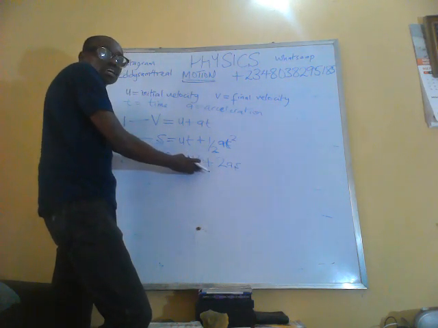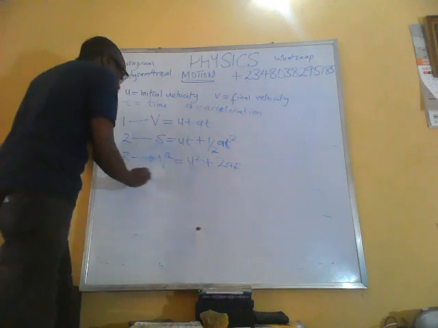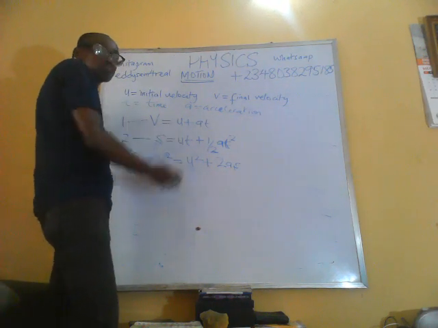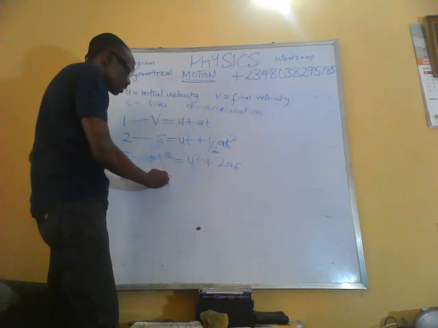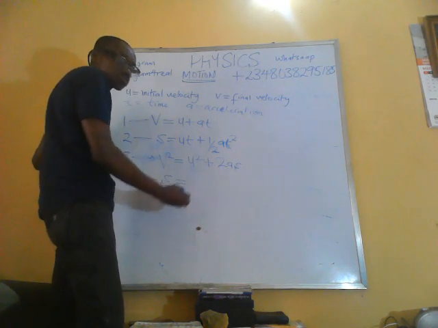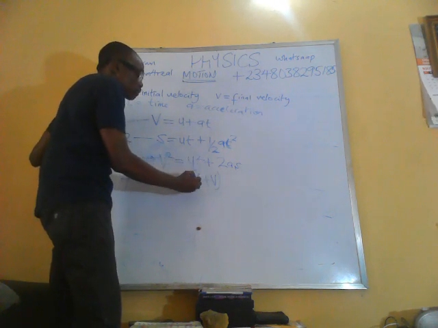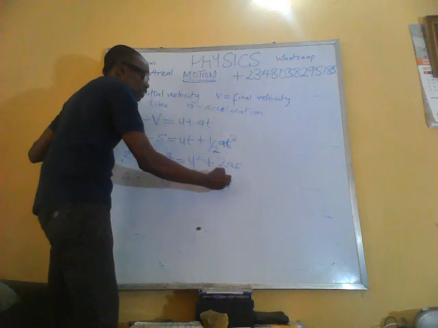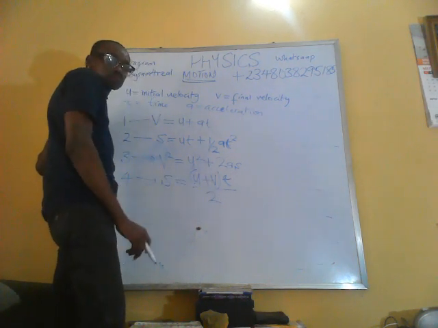Sometimes a fourth equation can emerge. Although with these three you can solve every problem, let me just give you this fourth one. The fourth one is that s equals (u plus v) times t, all over 2.